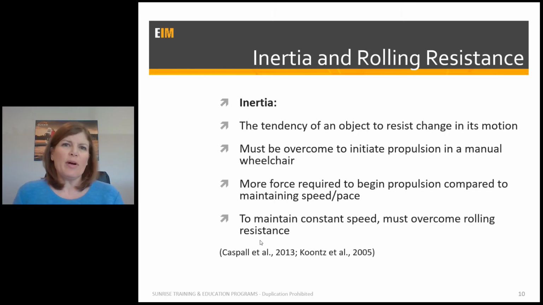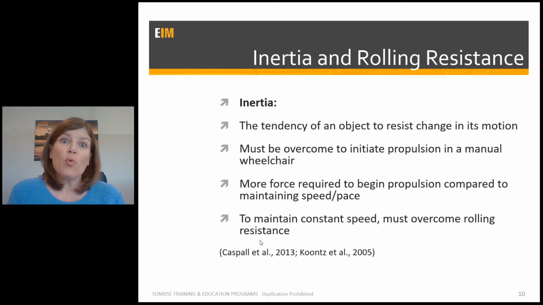So when we think about this, we're thinking about inertia and rolling resistance. And so inertia is the tendency of an object to resist change in motion. And for an individual in a wheelchair, we have to overcome that inertia in order to initiate that propulsion, so to start the movement of the wheelchair.